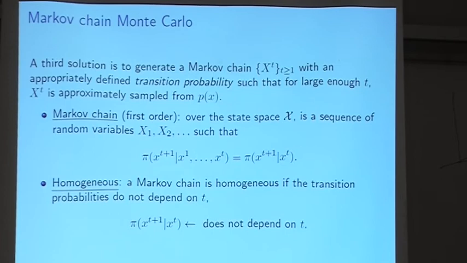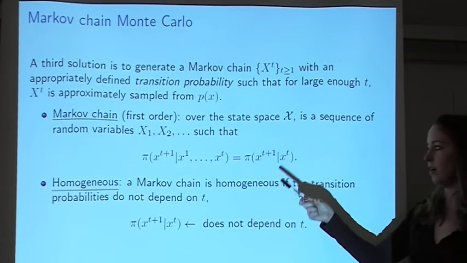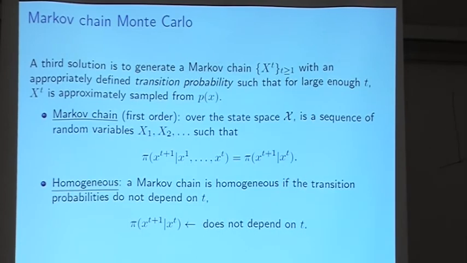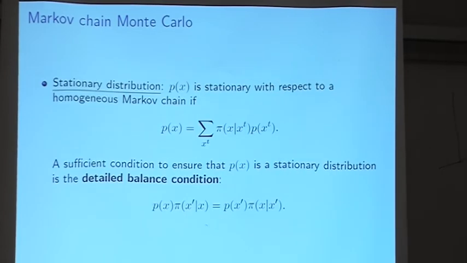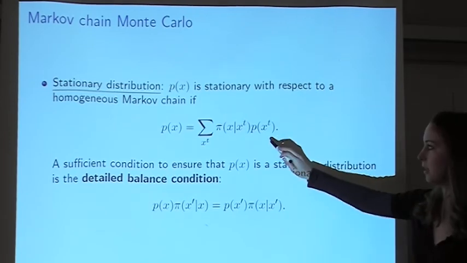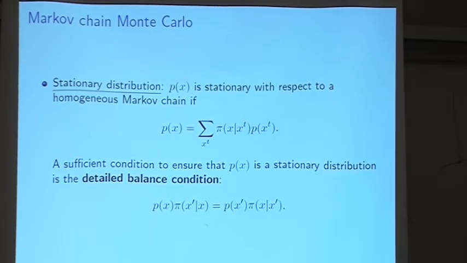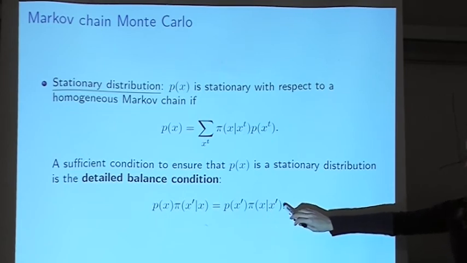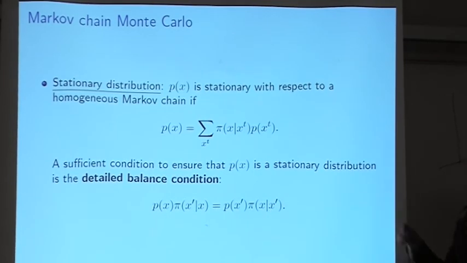We say that it's a homogeneous Markov chain if this transition probability does not depend on t. The stationary distribution of a homogeneous Markov chain satisfies this property here, and a sufficient condition to ensure that p of x is a stationary distribution of the Markov chain is that it satisfies the detailed balance condition here for any states x and x prime.